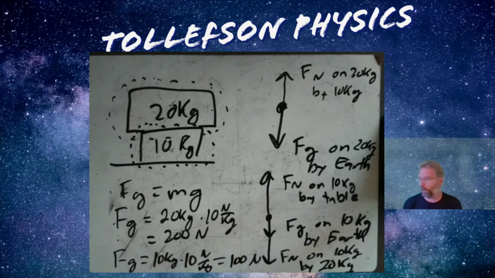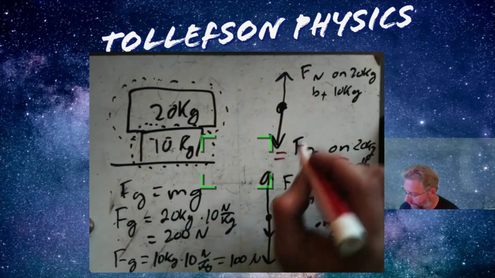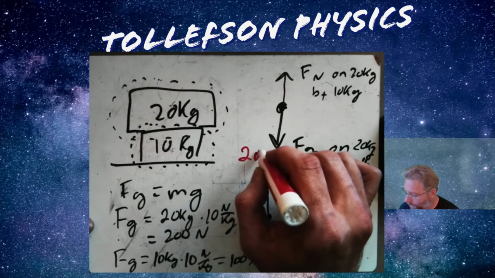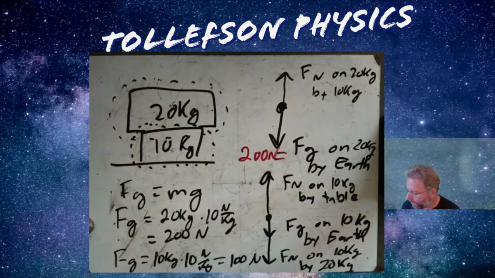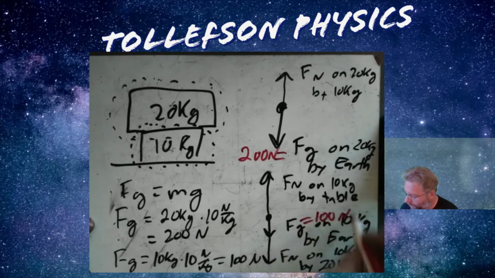All right, so let me change color so we can start adding numbers to our diagram. So right here, I just said the force due to gravity equals 200 newtons. And down here, I didn't leave myself much room, but Fg equals 100 newtons.